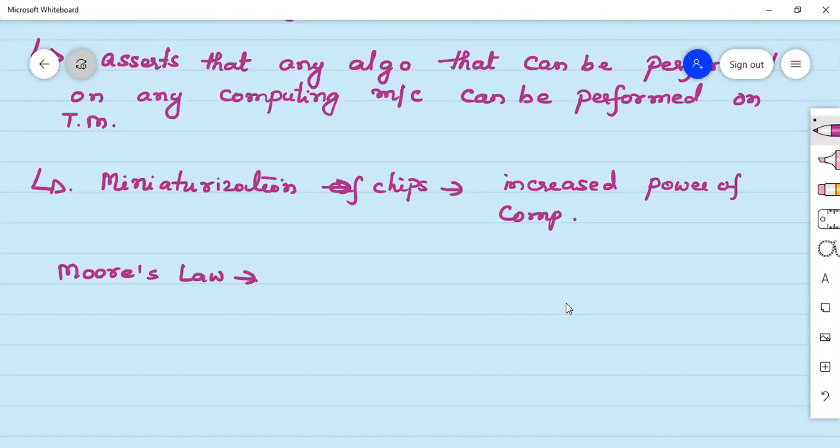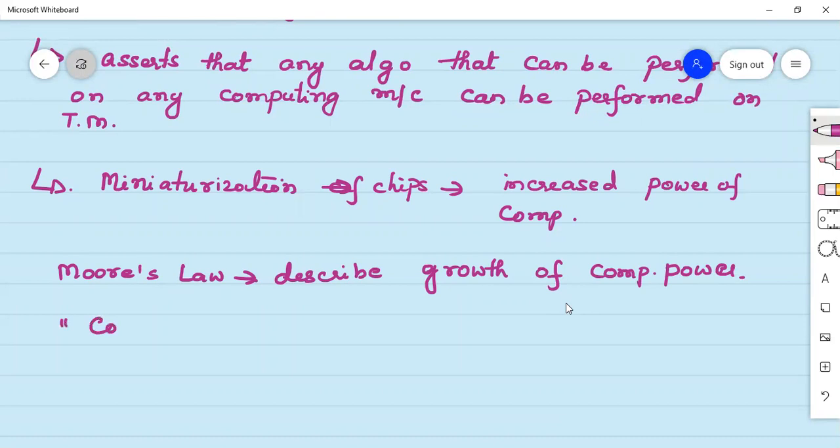And Moore's law is used now in classical sense, okay, to describe computational power. Okay. So, growth of computational power. So, what did Moore's law say? Moore's law said that computational power will double for constant cost every 2 years. Okay, so what did he say?